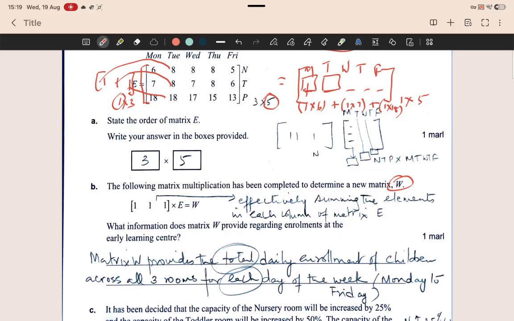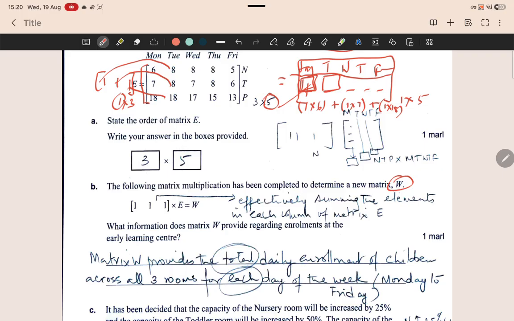So the important thing you have to remember is you have to connect what the rows represent and what the columns represent in each of the matrices. So you have to talk about each day of the week, and the answer is the total daily enrollment.